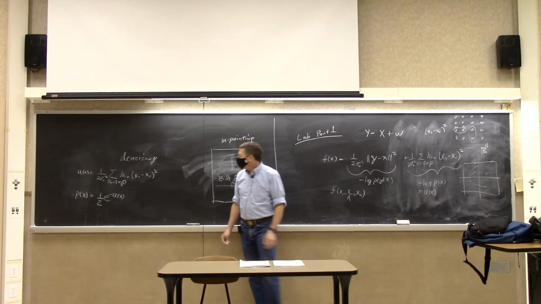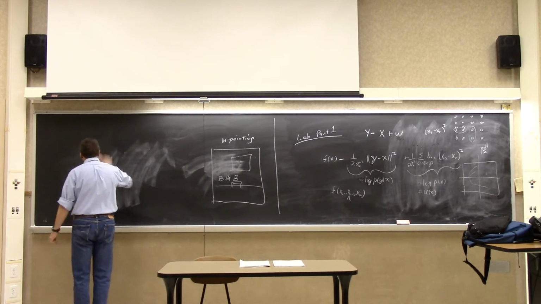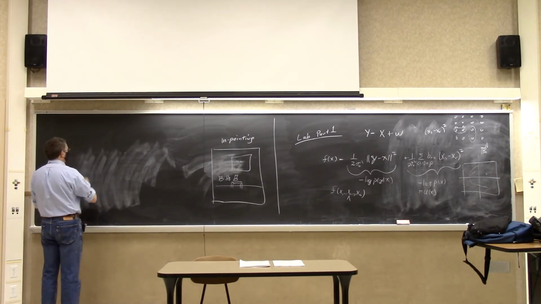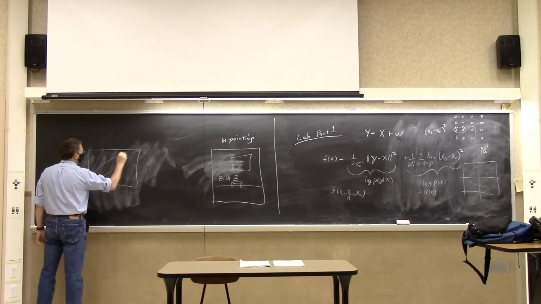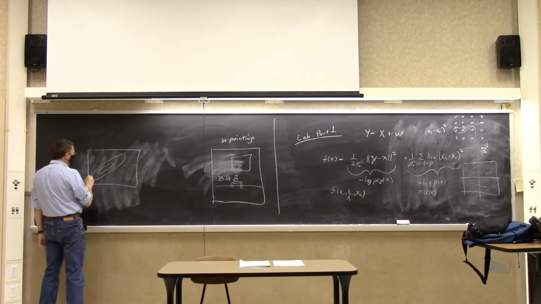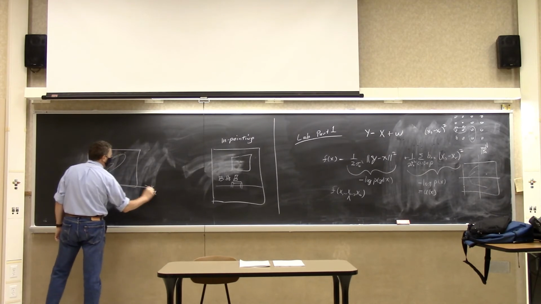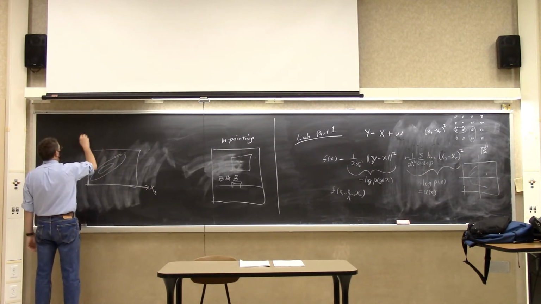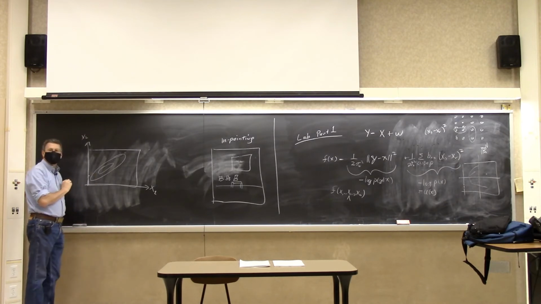If you're looking at it in the diagrams in the book, it looks like this. You have some function, say the function looks like this. Here is pixel 1, we'll call it x1, and this is pixel 2, we'll call it x2. You start at some point here, say, okay?